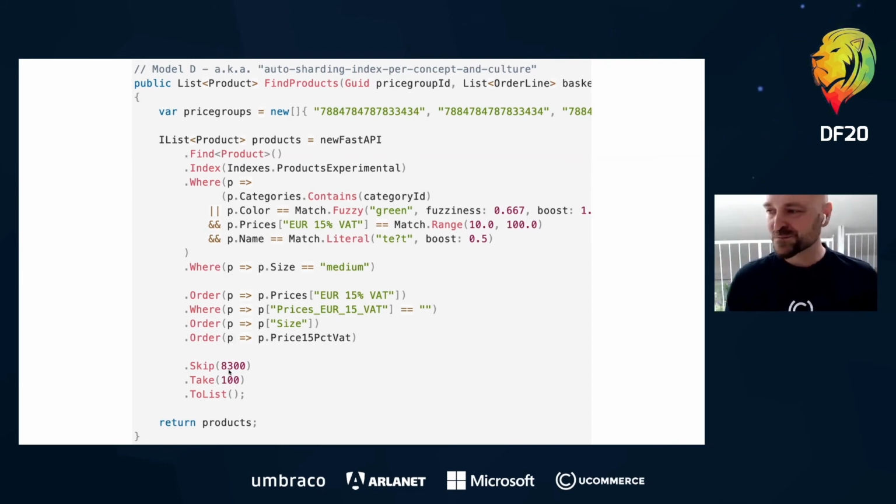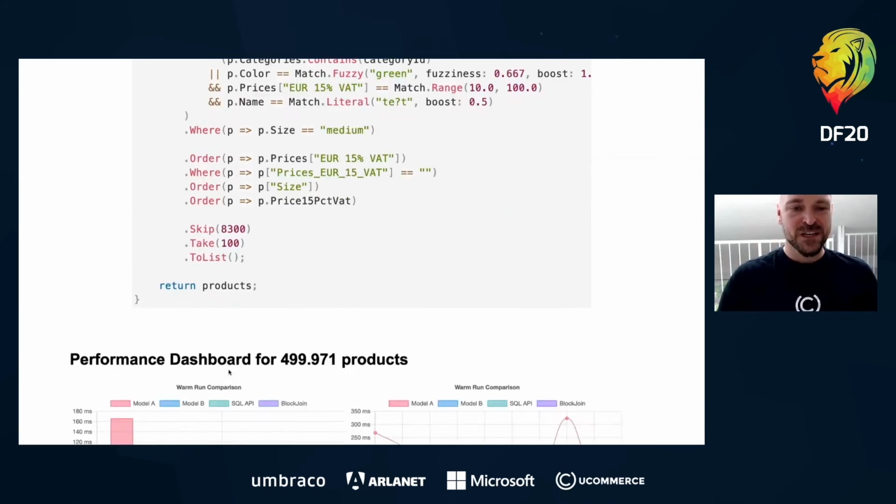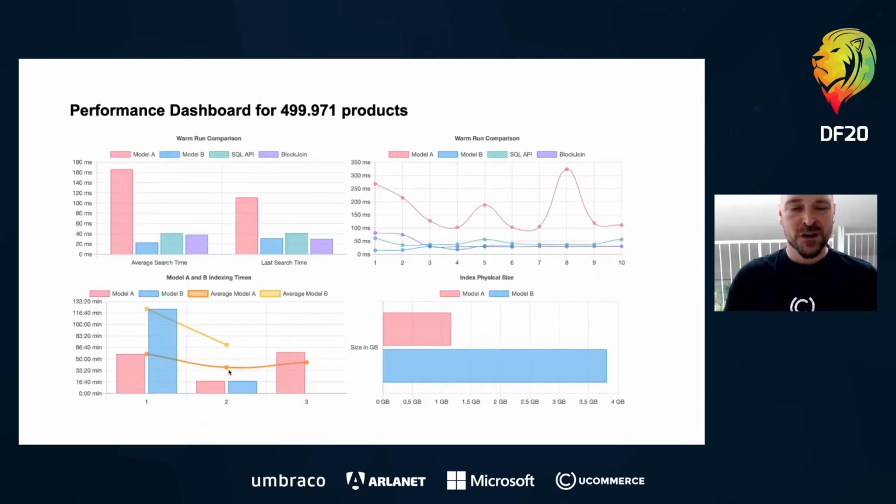Now, performance, we needed to be fast, right? So we wanted to make sure that we did data-driven development on these new APIs. And what you're looking at here is our performance dashboard that we use as we evolve these APIs. Over here to the left, you're looking at the various models that we were using.